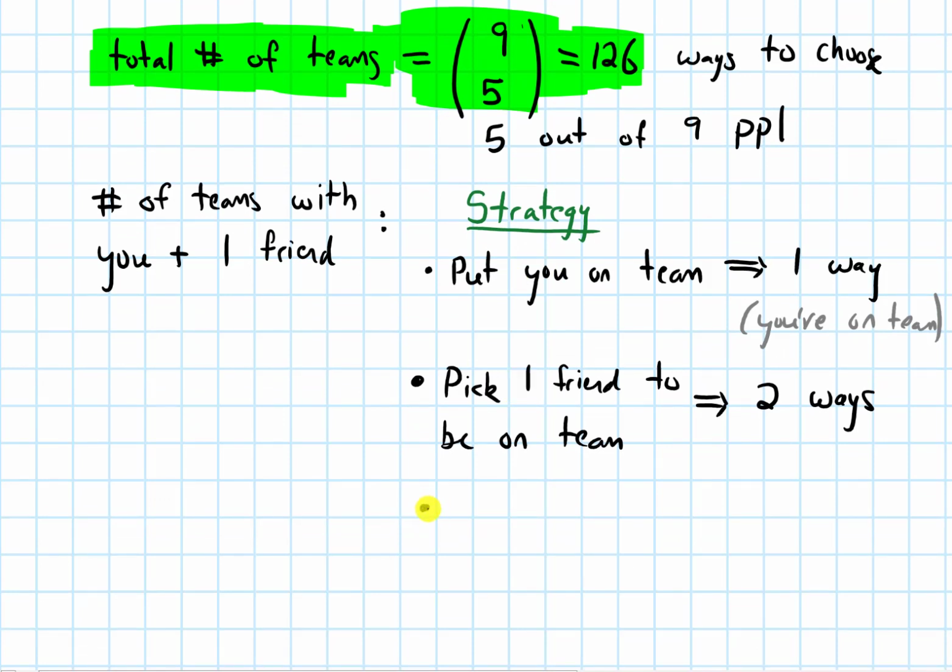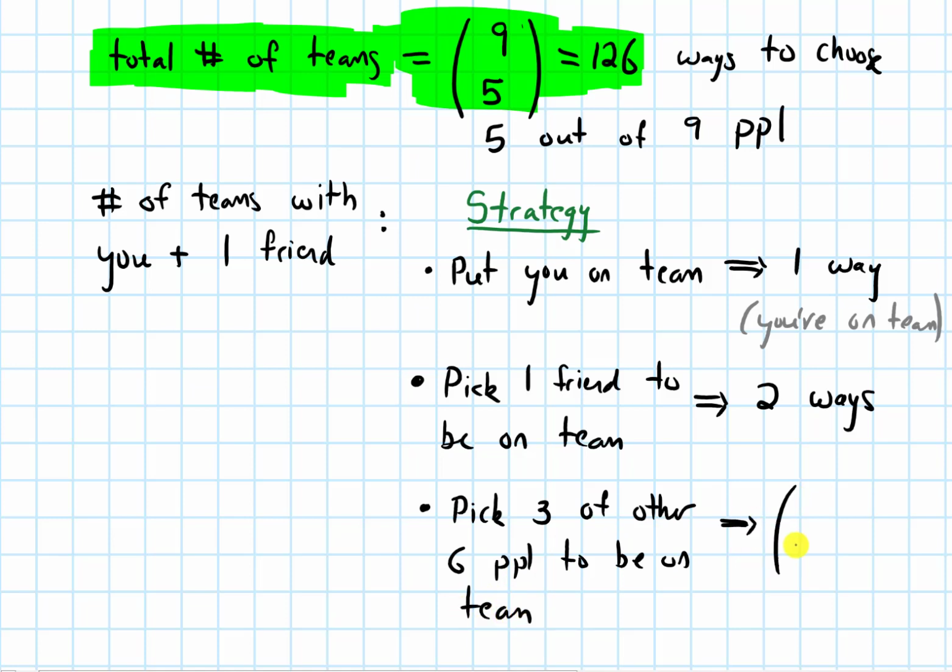But we still need to pick 3 other people. So we have to pick 3 of the other 6 people to be on the team. And the order in which we pick them does not matter, so it's going to be a combination. We're choosing 3 people from the 6 other people, so 6 choose 3 ways to do this.